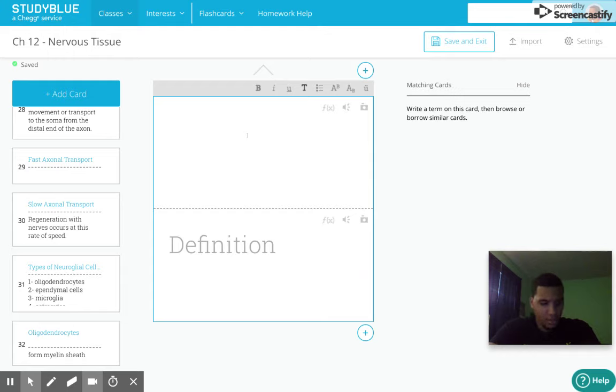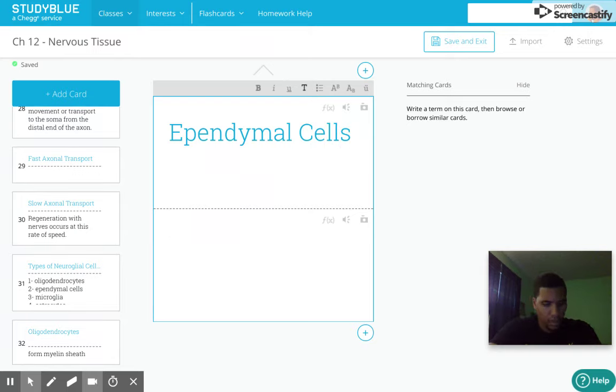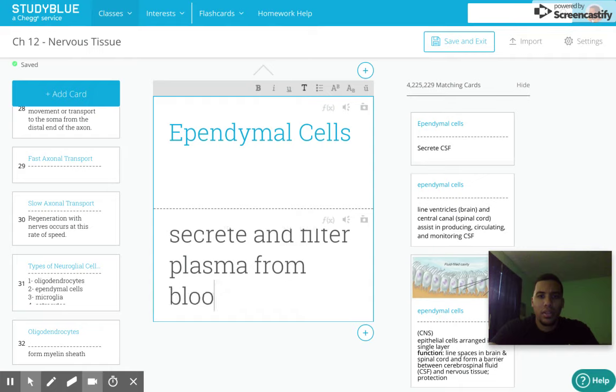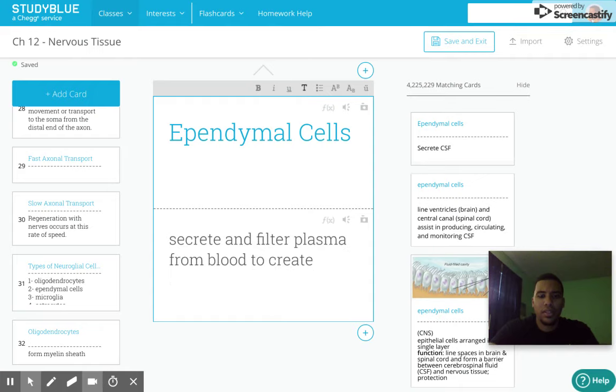For the ependymal cells, let's see, they secrete cerebral spinal fluid. So they actually secrete and filter plasma from blood to create cerebral spinal fluid, CSF.